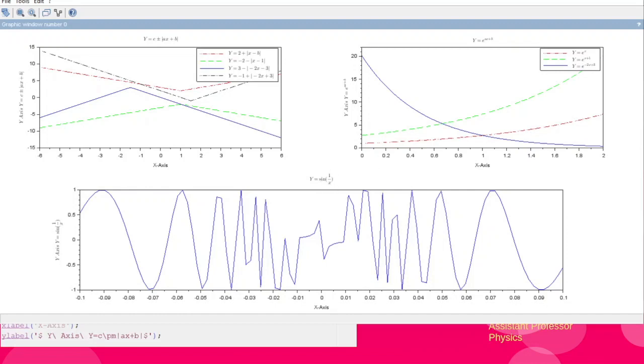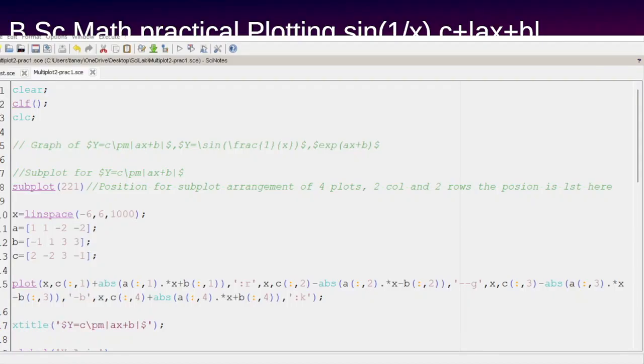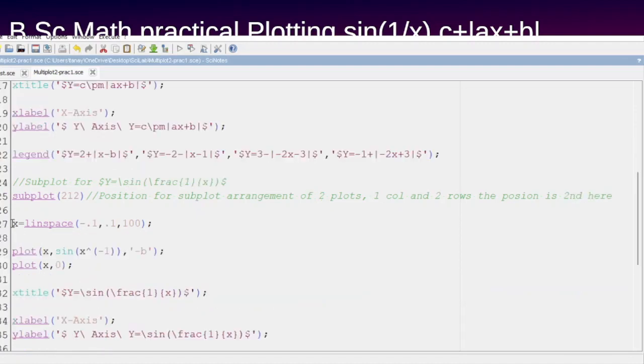Now I want to show you another thing. Let's come to our script again. In the script, see here, I have given the subplot for sine 1 upon x.